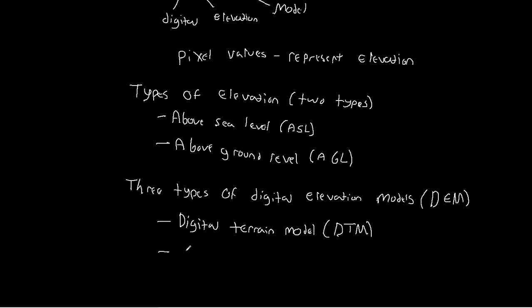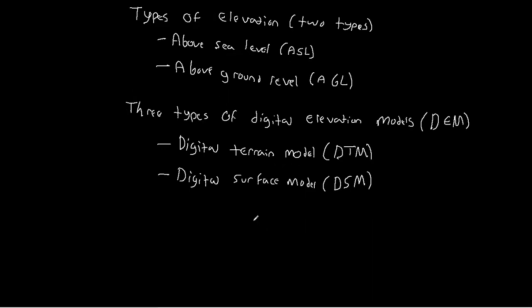The second is going to be called a digital surface model, or a DSM. And then the third is what's called a digital height model, or a DHM.